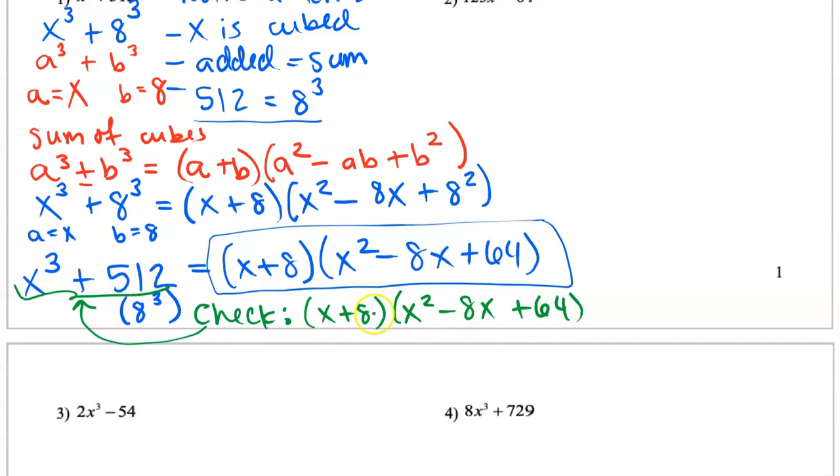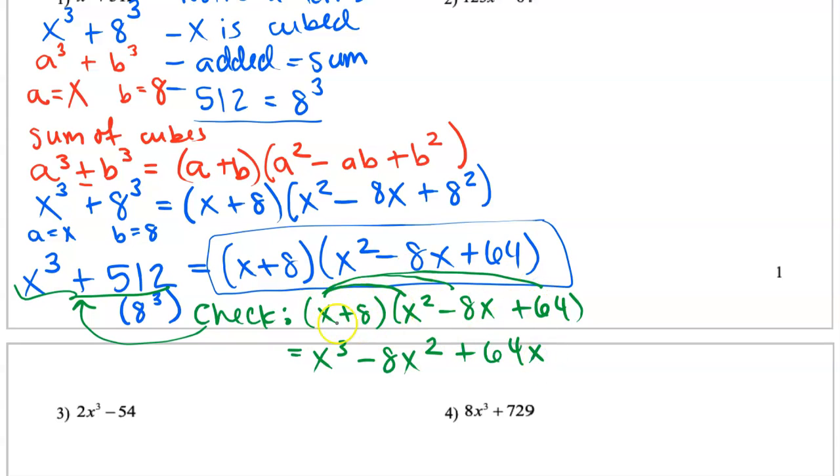So to see if we did it right, we can multiply them together. I'm going to do x times x squared, that's x cubed, so far that checks out. x times negative 8x would be negative 8x squared. x times 64 would be 64x.